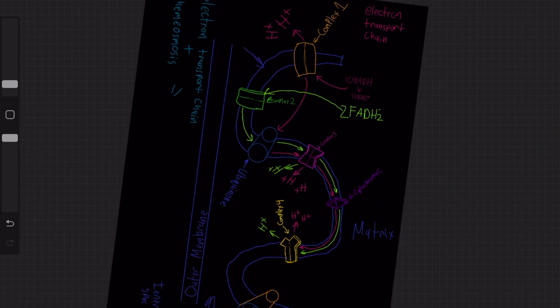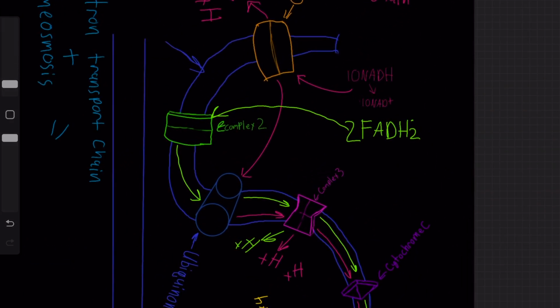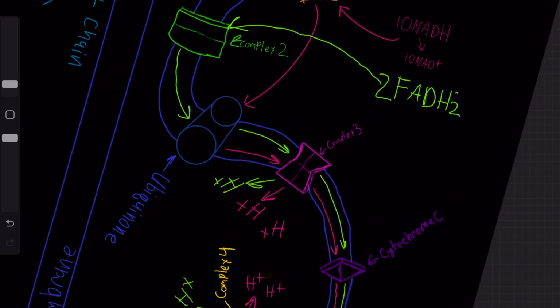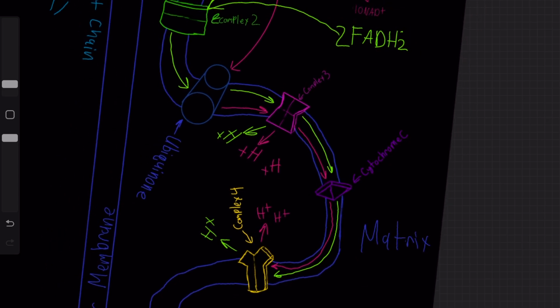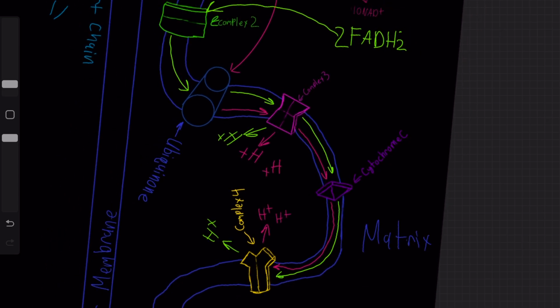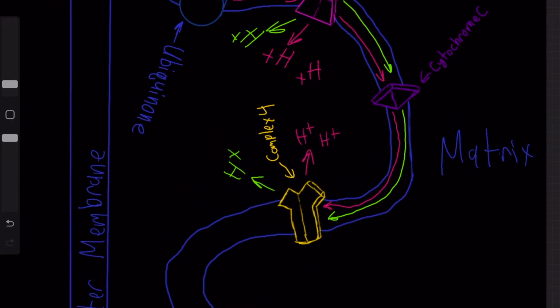Then we have FADH2. The electrons from FADH2 will go to complex 2. From complex 2, the ubiquinol will pick them up and take them to complex 3. Complex 3 will shoot out hydrogen ions. Then cytochrome C will pick up the electrons from complex 3 and send them to complex 4, which will also shoot out hydrogen ions.